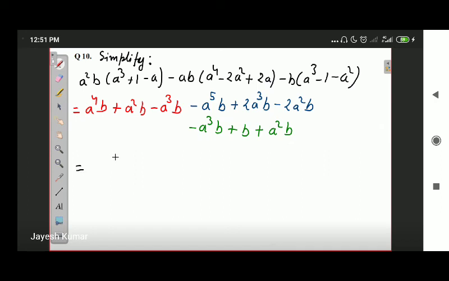So now we will group the like terms. First of all, let us take a to the power 4 b. There is no other term like this, so this remains as it is. Plus a square b, I have a minus 2a square b and plus a square b.